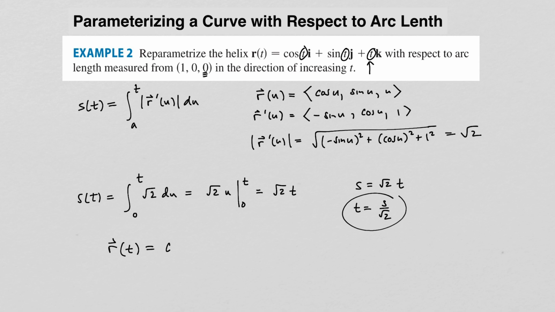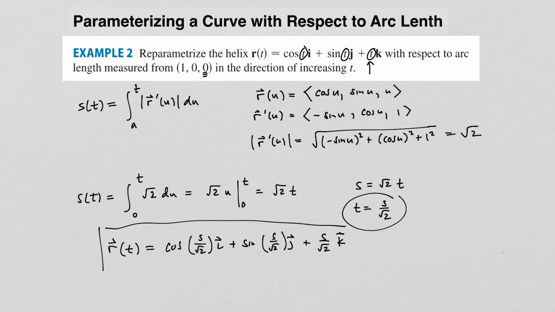And so r becomes cosine of s over radical 2 times i plus sine of s over radical 2 times j plus s over radical 2 times k. And again, if you were to graph this space curve, you would get the same curve that we got in the beginning.